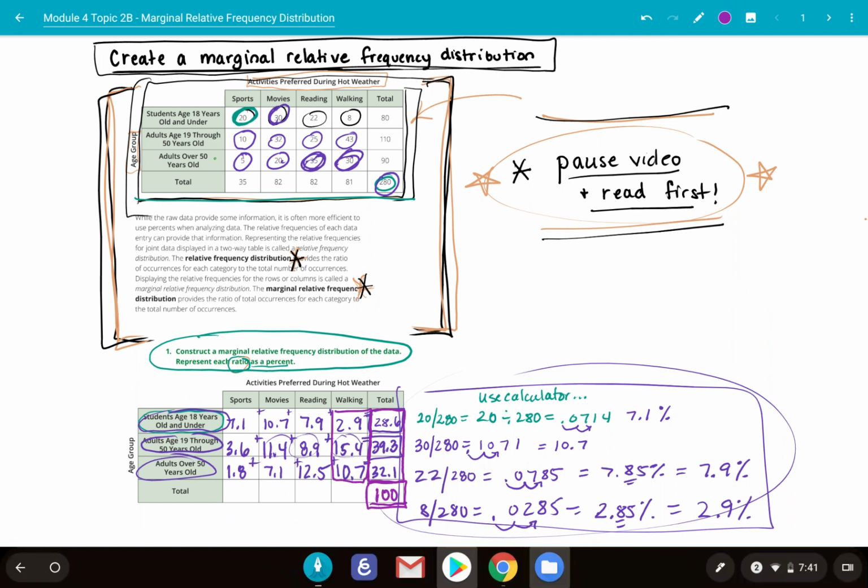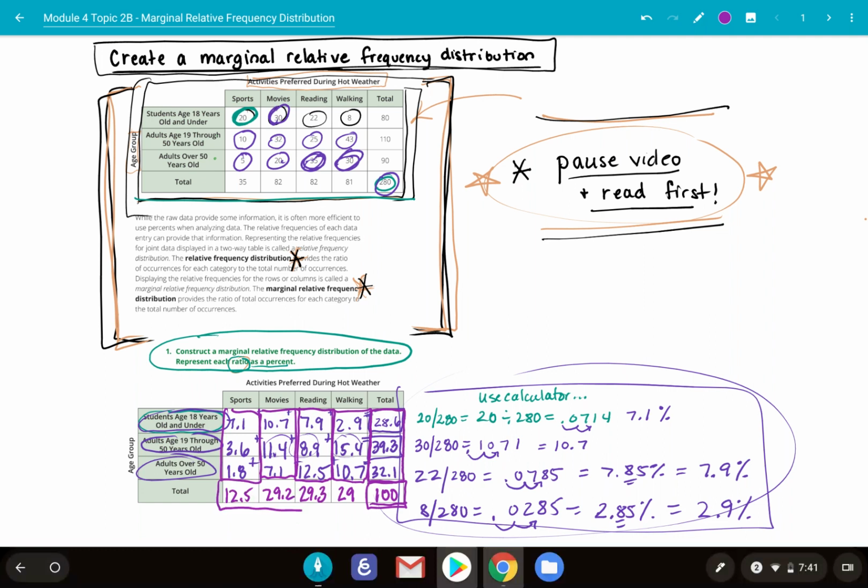So 2.9 plus 15.4 plus 10.7 is 29. We'll add this column. 7.9 plus 8.9 plus 12.5 is 29.3. And we'll add this column. 10.7, 11.4, 7.1 is 29.2. And this last column, 7.1 plus 3.6 plus 1.8 is 12.5.